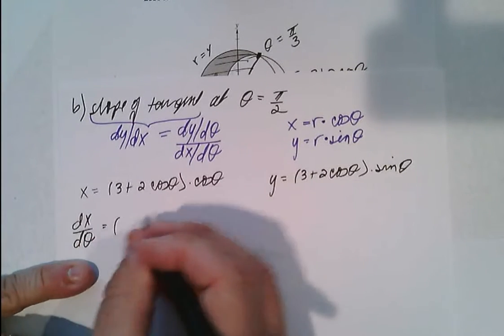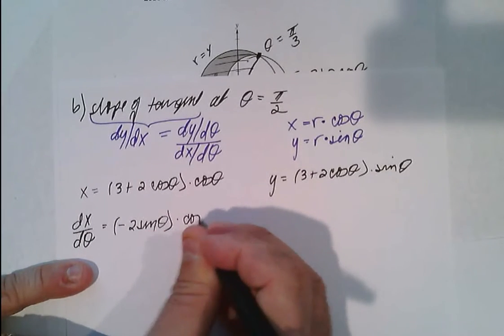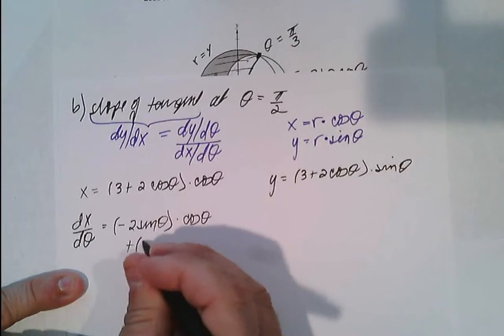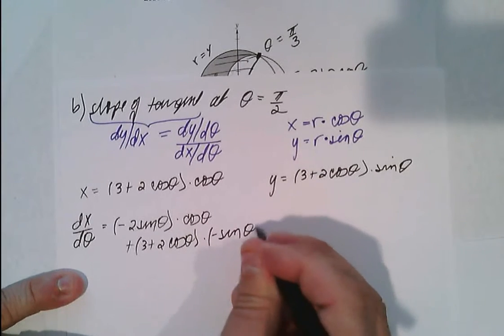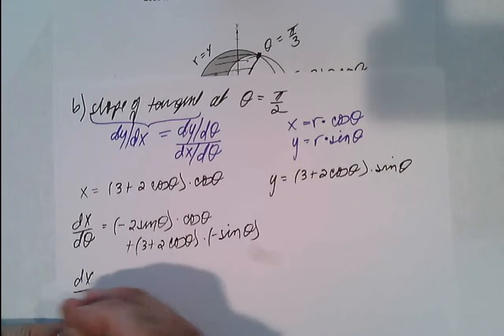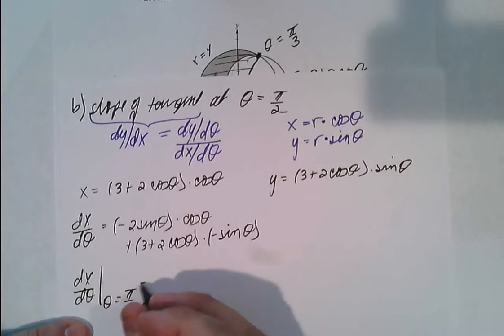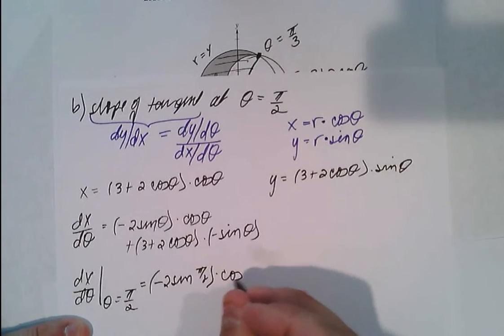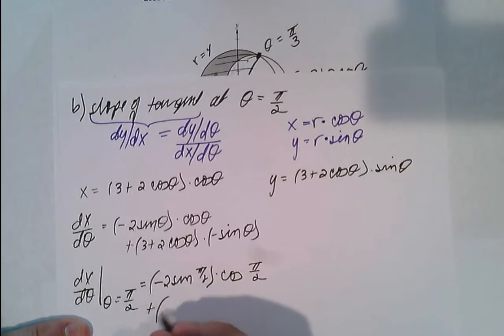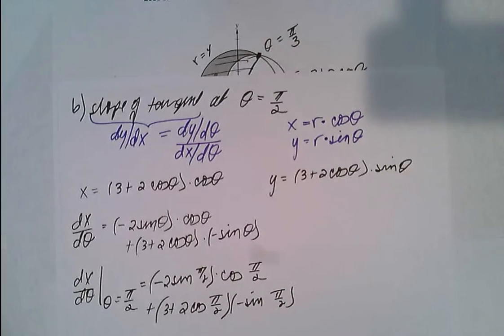I see a product rule, so we're going to take the derivative of the first expression, negative 2 sine theta, leave the second one alone, plus leave the first expression alone, times the derivative of the second. I'm going to evaluate dx d theta at pi over 2. Well, negative 2 sine pi over 2 times cosine of pi over 2 plus 3 plus 2 cosine of pi over 2 times negative sine of pi over 2.